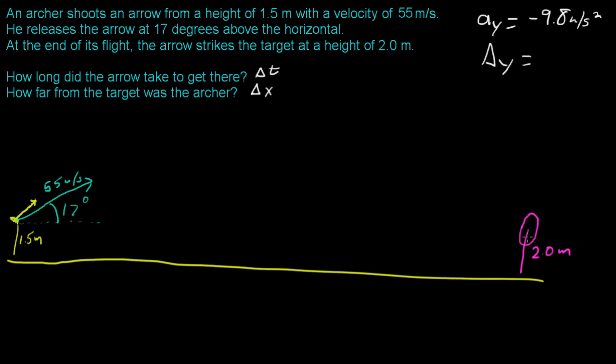So, well, how can we do this? What's the change in displacement, the change in y, excuse me. Well, we start at 1.5, we go to 2, the change in y is 0.5 meters. We end up half a meter higher than we were to start with.